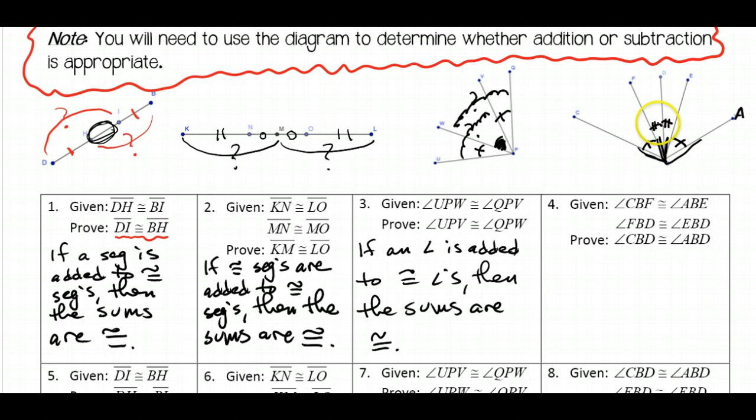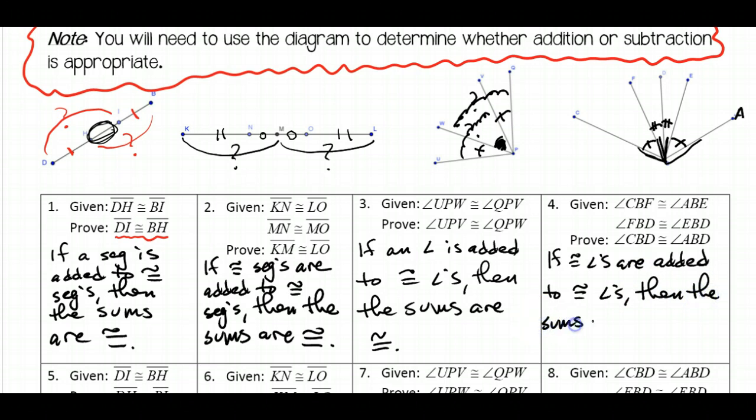So again, if I take the little congruent angles on the inside and add them to the bigger congruent angles on the outside, then the big angle on the left will have a 1 tick mark and a 2 tick mark, and the big angle on the right will have a 1 tick mark and a 2 tick mark. So if congruent angles are added to congruent angles, then the sums are congruent.